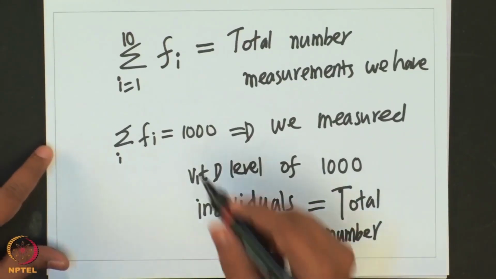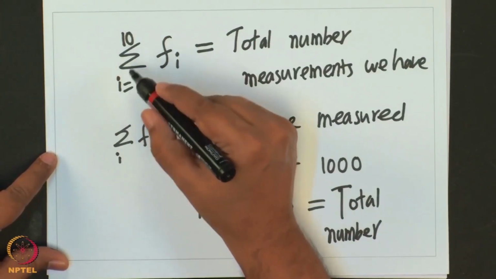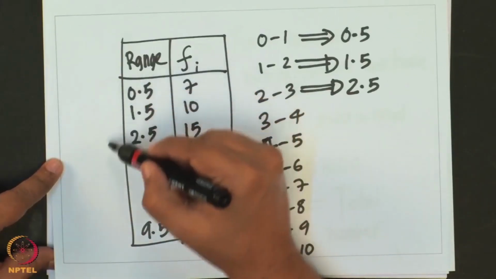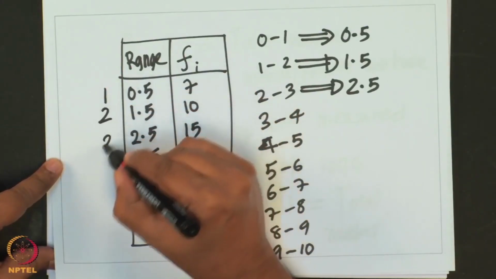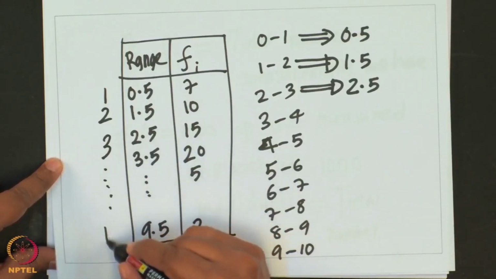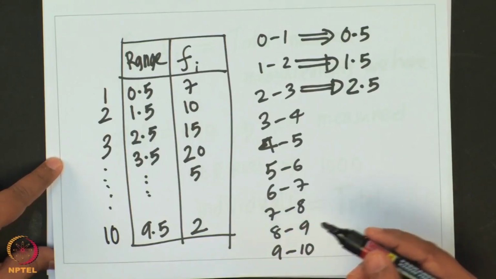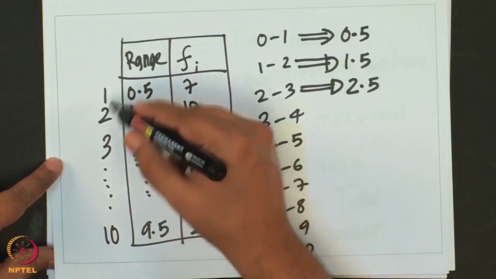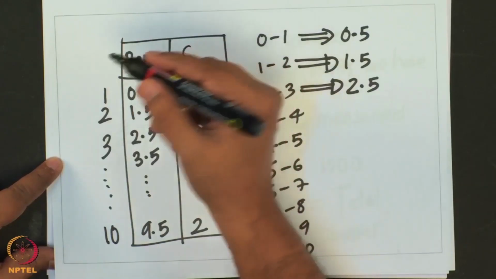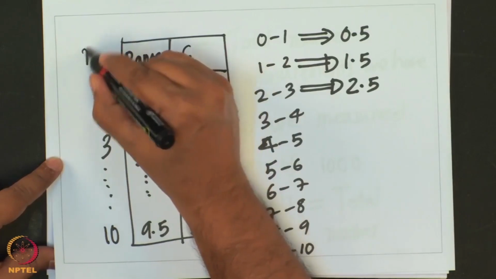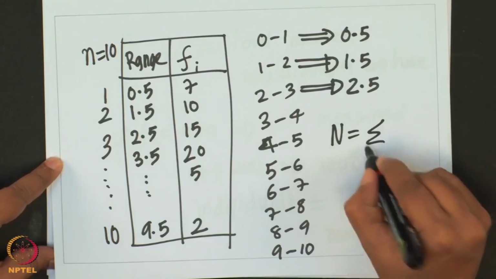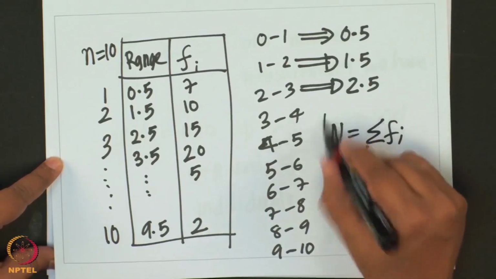So there are two numbers here, the range, which is how many. So there is the serial number 1, 2, 3, and so on, up to whatever be the number, 10 or 11. So it will be, let us say, 10 here. Let me call this my little n. Little n is 10 here, and there is capital N, which is sum over I Fi. So there are two n's here.